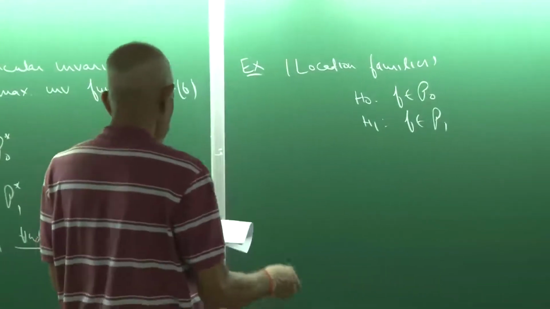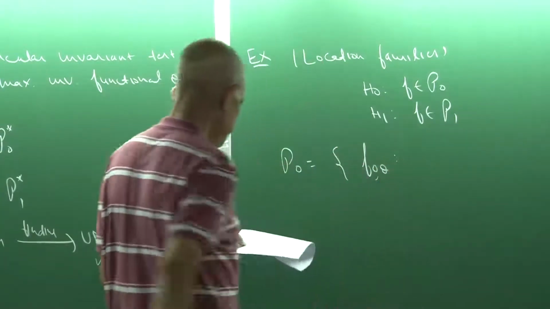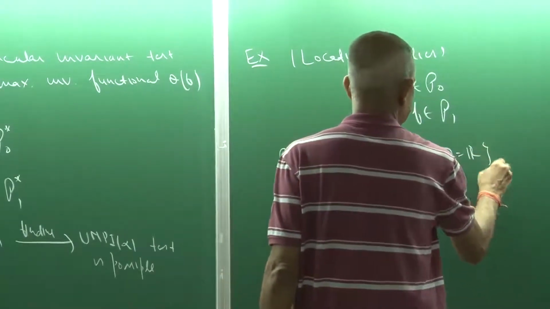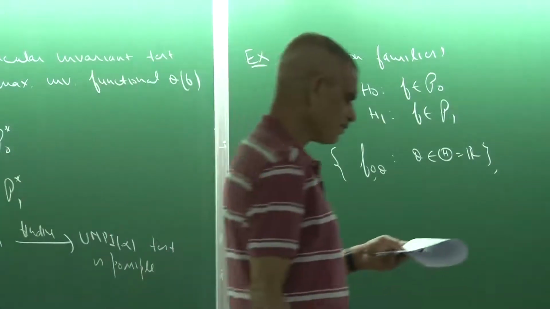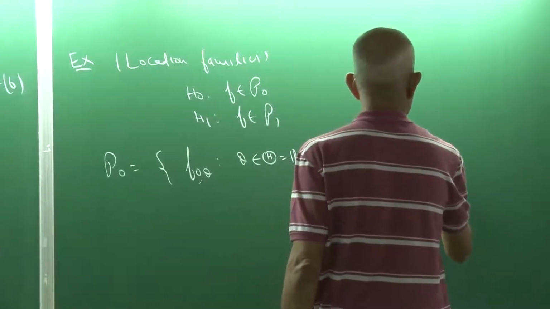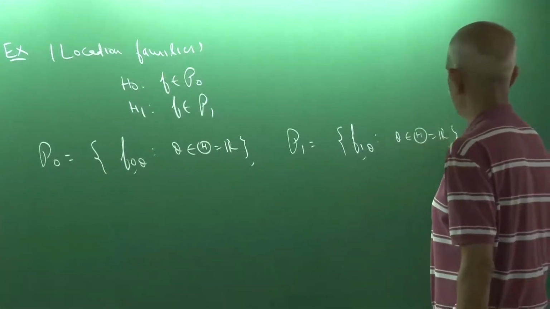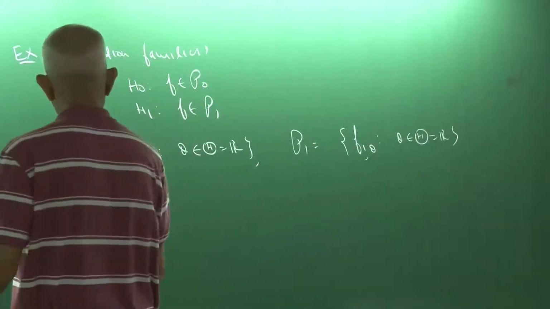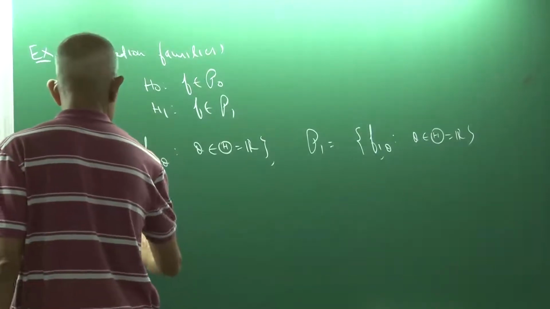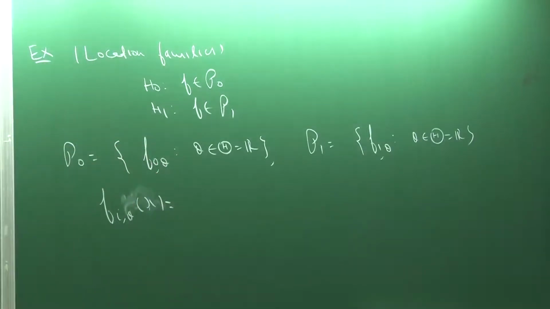So my P0 is the collection of all those f0 theta, such that theta belongs to capital Theta, which is R. P1 is f1 theta, such that theta belongs to Theta again, which is R. So two different parametric families, where fi theta, fi theta x, is a vector.